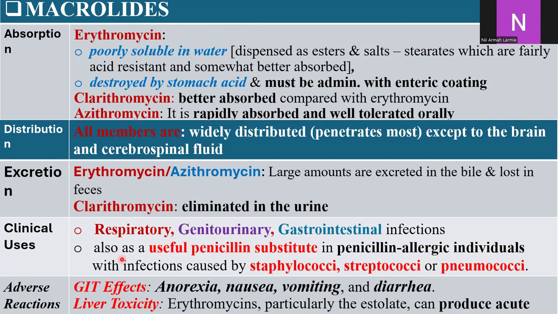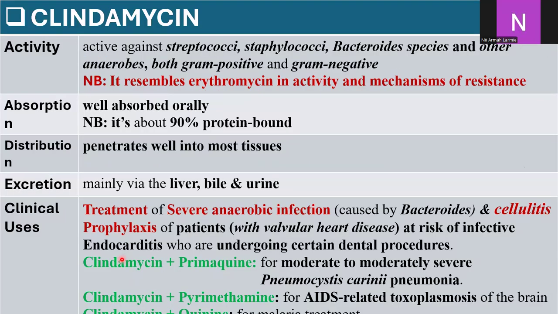Now, the next group that deals with our 50S ribosome is the lincosamides, typically represented by lincomycin and clindamycin. We'll be using clindamycin as our drug to represent the lincosamides.